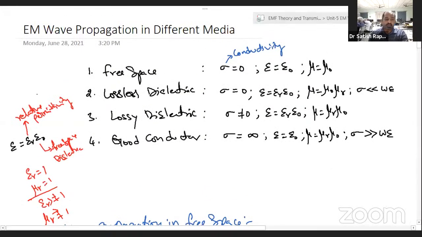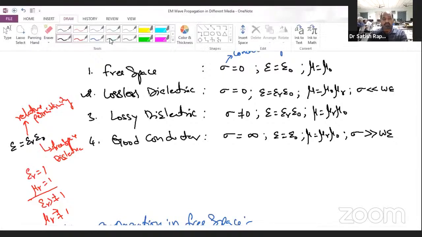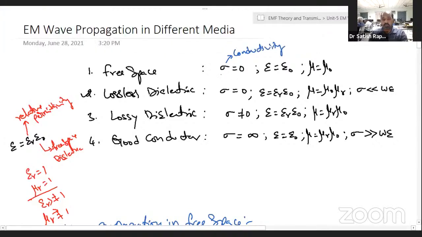And next one, lossless dielectric. So what is the difference here between lossless dielectric and free space? Here sigma is equal to 0, epsilon is equal to epsilon naught in free space, and epsilon is equal to epsilon r epsilon naught here.